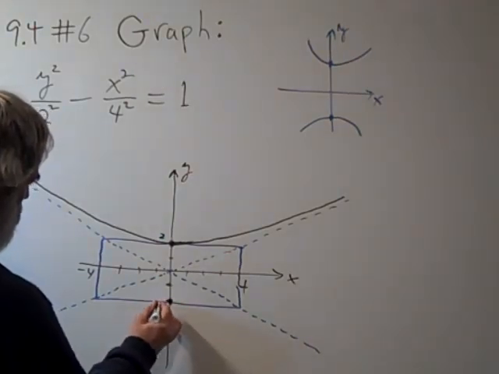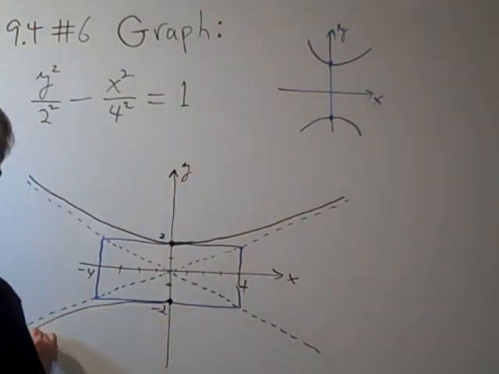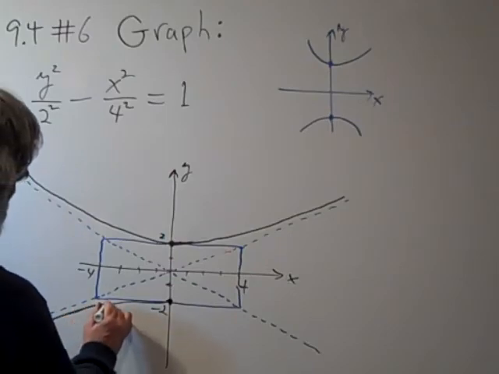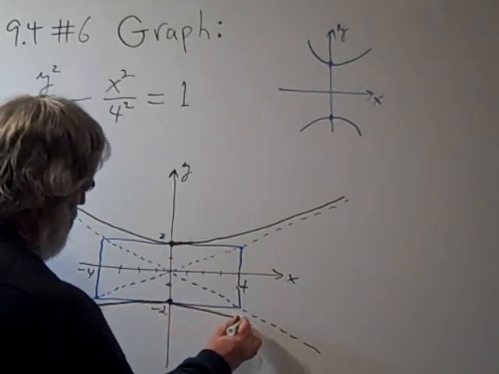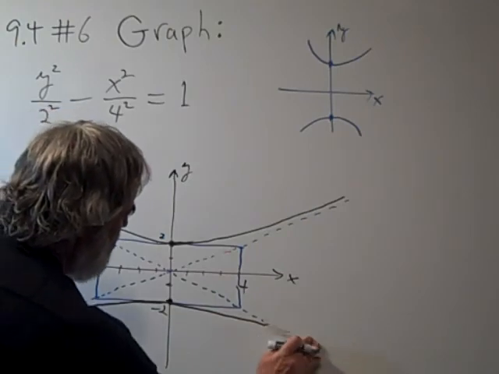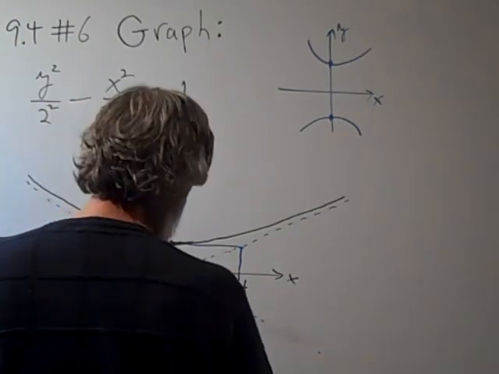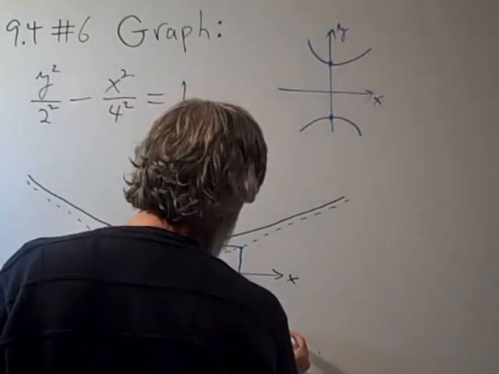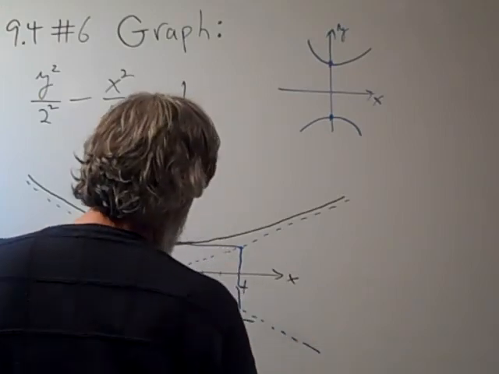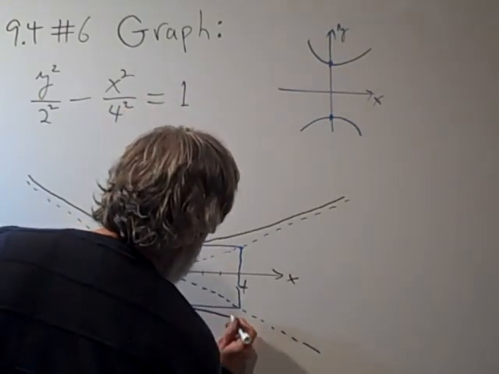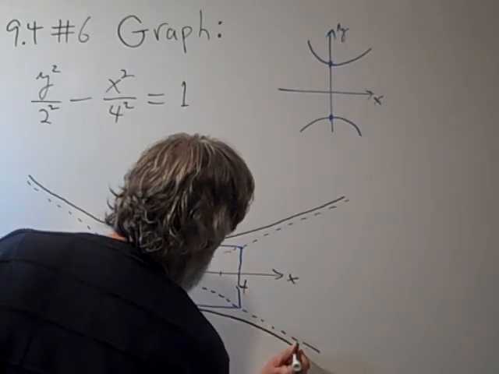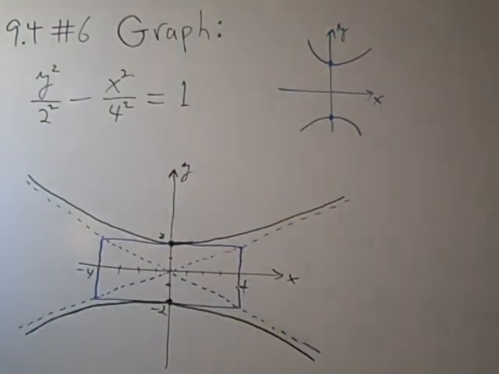Downstairs you have a similar reflection of one down here. It gets closer and closer to its asymptotic line without quite ever getting there. So it's coming like this. And there we have it, the graph of this hyperbola.